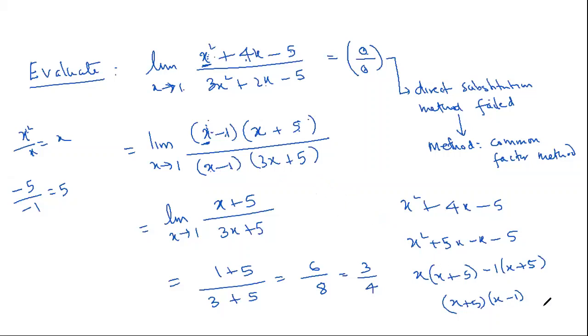Are you all ready? Limit x tending to 3, x square plus 2x minus 15 divided by x square minus 5x plus 6.